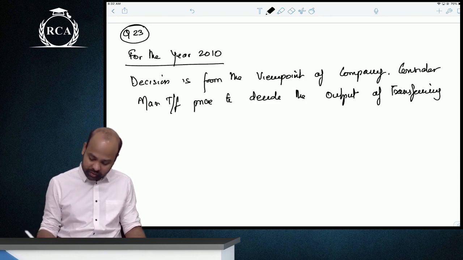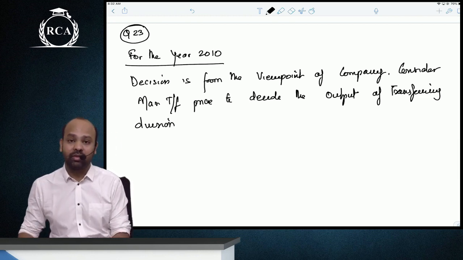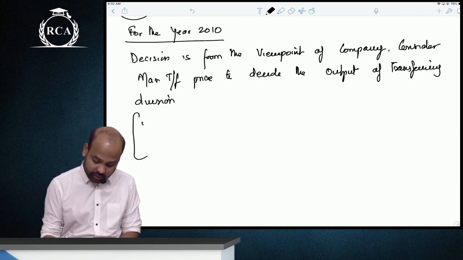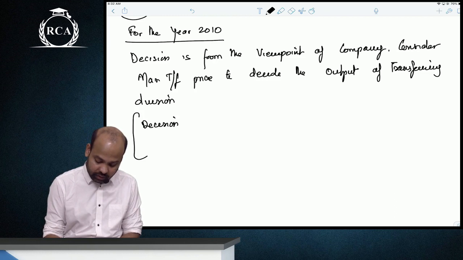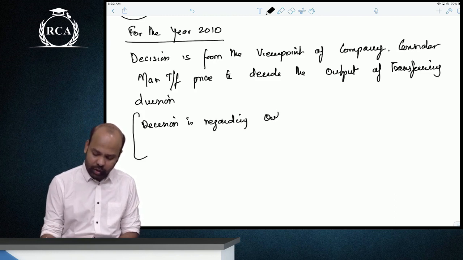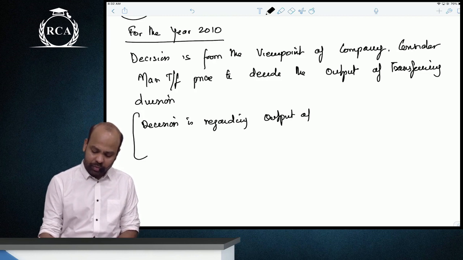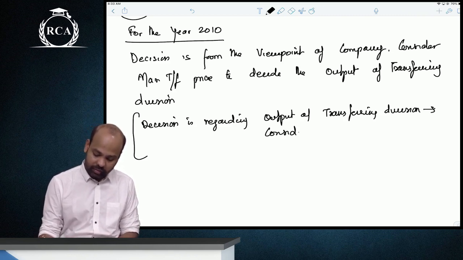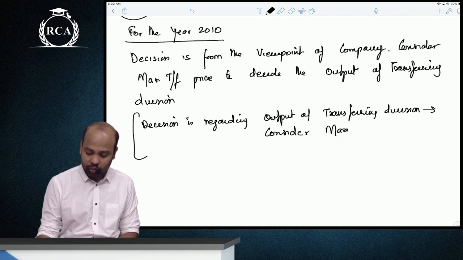Whenever the decision is from the viewpoint of the company and you have to decide the output of the transferring division, consider the maximum transfer price. We did this in the previous two questions also.